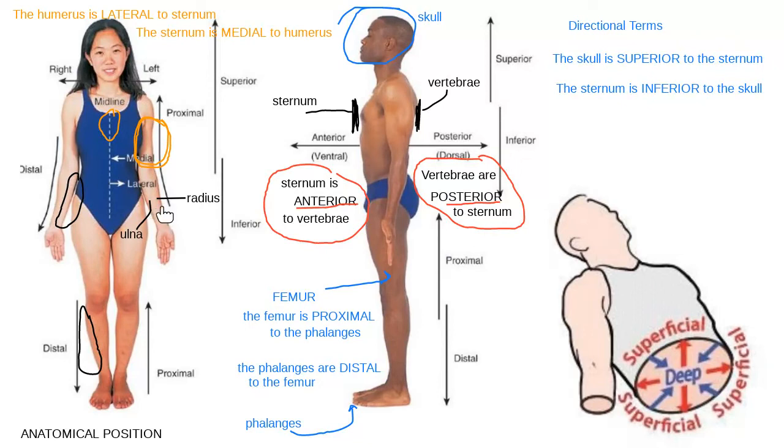When your palms are facing forward, the radius is always lateral and the ulna is always medial. When my feet are facing forward, the tibia is the big one that's always medial and the fibula is the one that's always lateral.